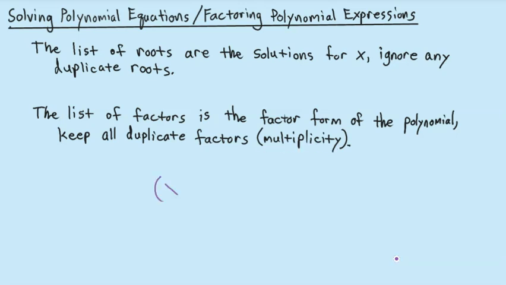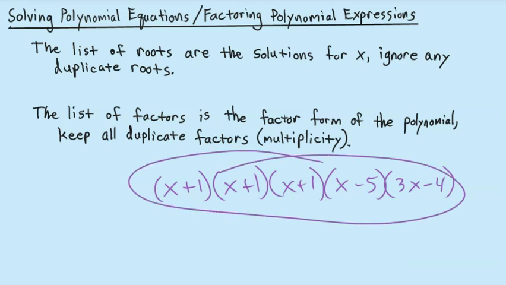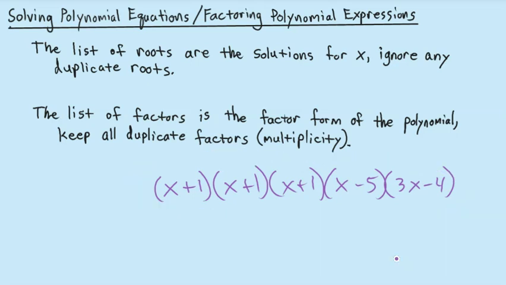For example, if you have x plus 1, and another x plus 1, and another x plus 1, and then you have an x minus 5, and then a 3x minus 4, then this is the factorization of your polynomial. And having 3 x plus 1s just means that you have x plus 1 to the 3rd power, and then an x minus 5, and then a 3x minus 4.